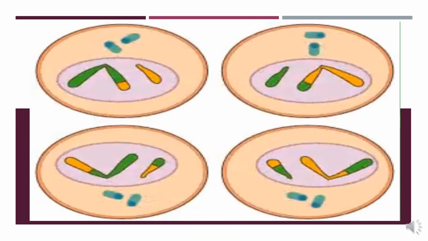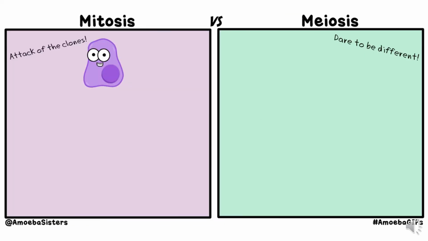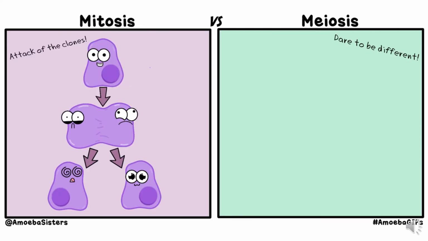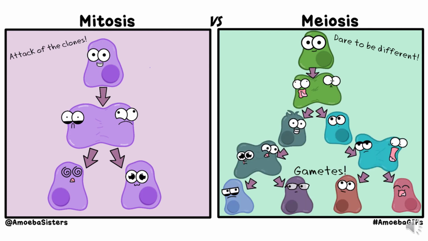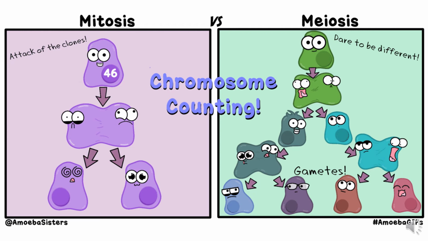And this kind of reproduction helps in forming male and female gametes. Let us now differentiate both of these divisions. In mitosis, two similar identical cells are formed, whereas in meiosis, four different cells are formed.